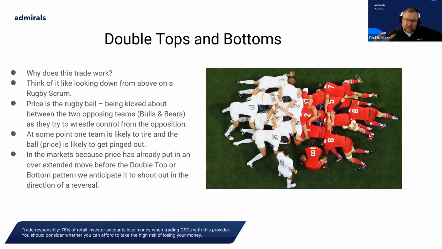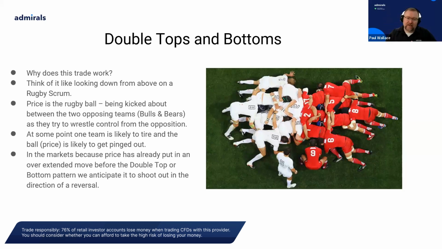Why do I like double tops and double bottoms? What is it about them that works for me? I'm a big British guy who used to play rugby when I was young and able to, and I very often see price at previous highs and lows as almost like looking at a rugby scrum from above. In a rugby scrum you've got two opposing teams, and those are like the bulls and the bears in the market.